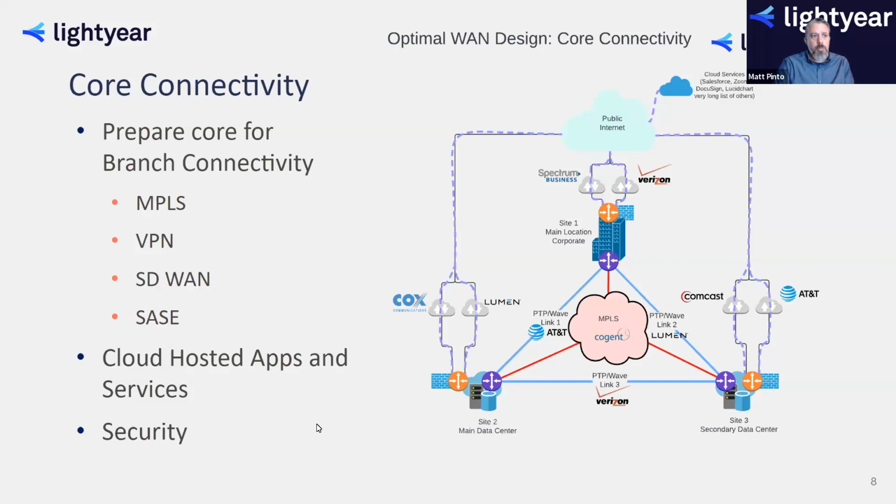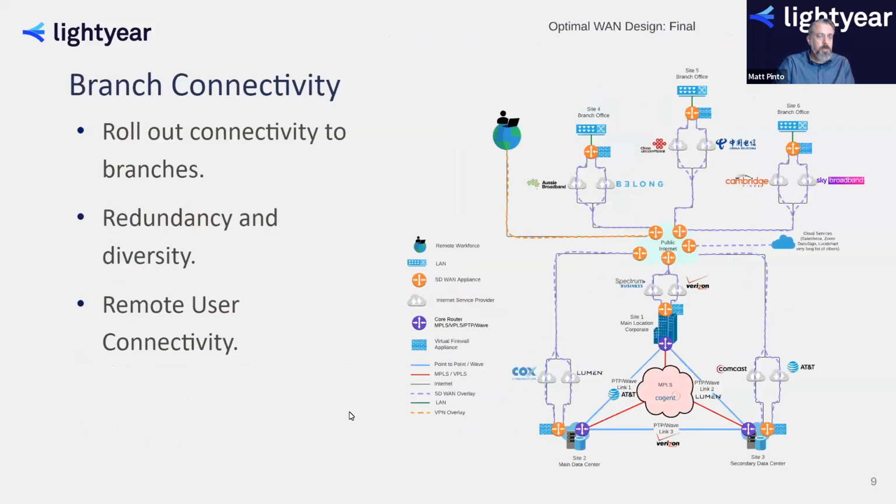Security, as you see on here, I'm showing firewalls at each one of the locations, but also the SASE providers. It's got zero trust networking, and there's clients, and there's additional security layered on top of that. We'll get into that a little bit more in just a second. So in this example, I'm showing branch offices in the UK and China and Australia.